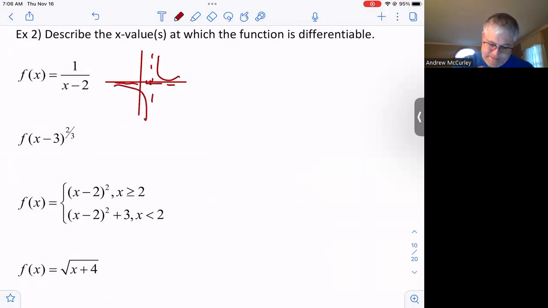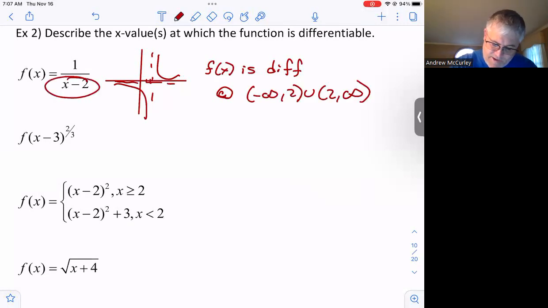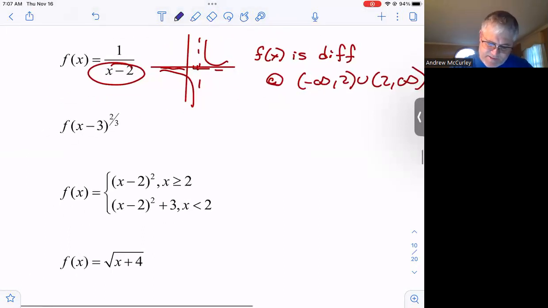So f of x is differentiable from negative infinity to 2, and then 2 to infinity. We know right here is where it blows up, where we have an asymptote. Then, let's graph that. That's going to be a cusp. I'll just tell you since we're working here. And it's going to be at 3. So 1, 2, 3.